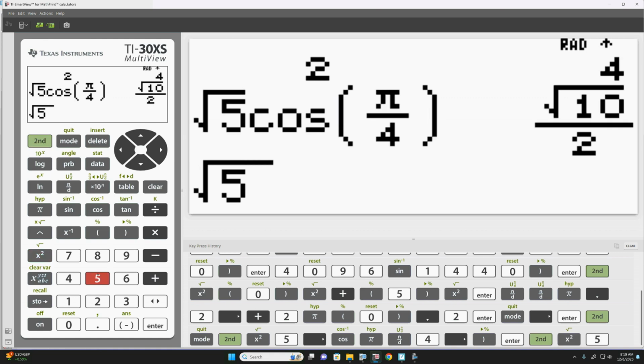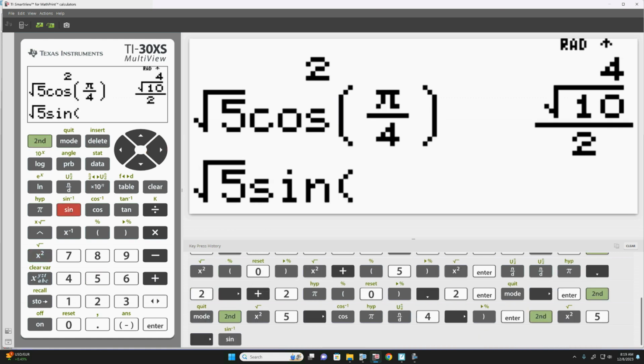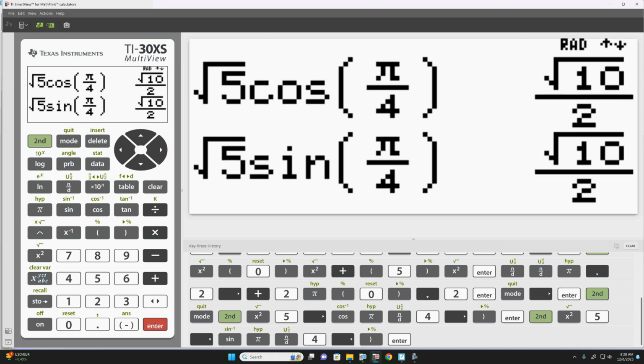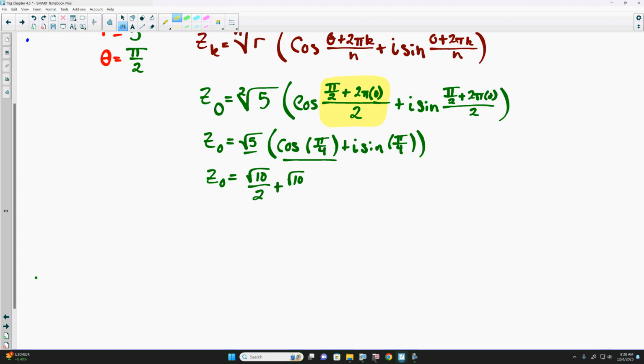Square root 5 sine of pi over 4 is square root 10 over 2. So plus square root 10 over 2 i. Then we'll go with purple. Questions on how we got the first one? All right.